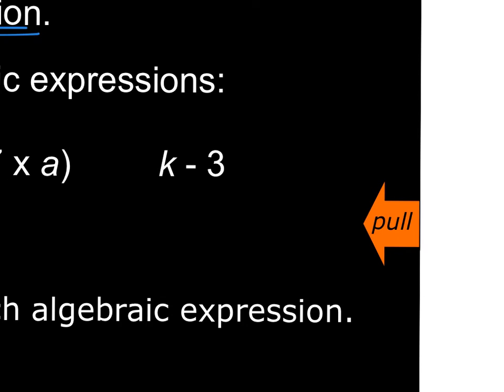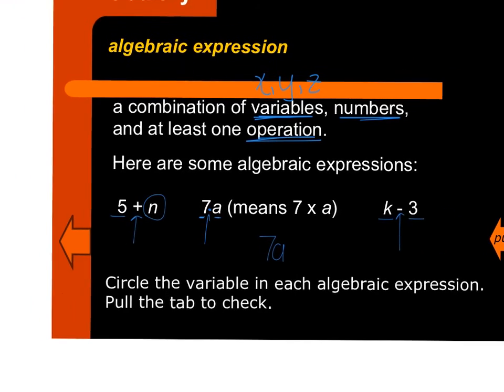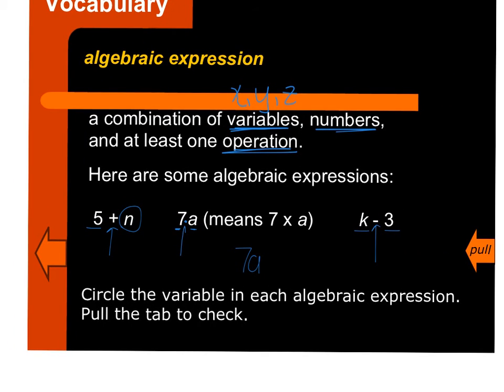Our last one, again, we have a variable, a number, and subtraction is our operation symbol, so we can understand that this is an algebraic expression. So let's go back and circle the variable in each expression. We have n in the first one, a in the second one, and k is our variable in the third one.